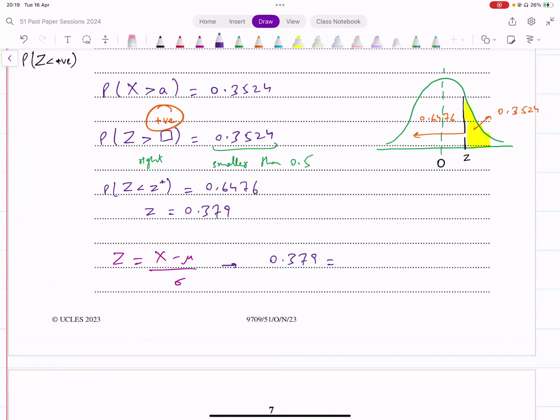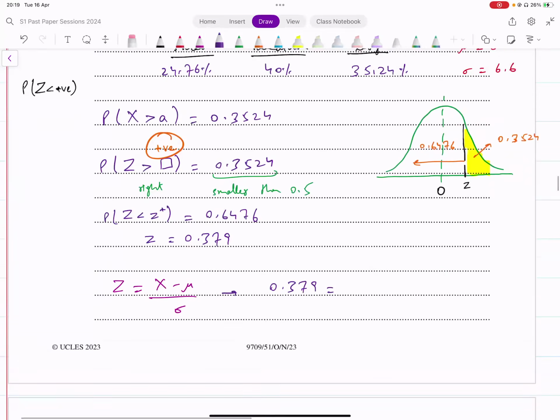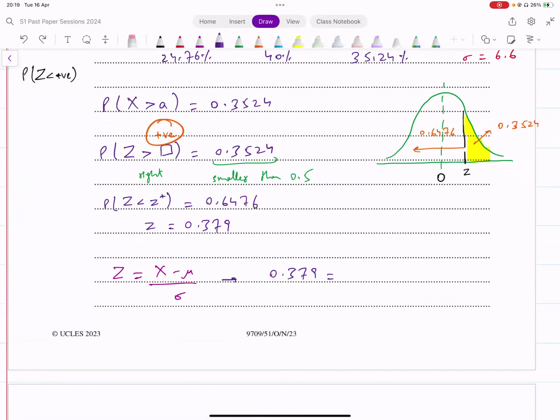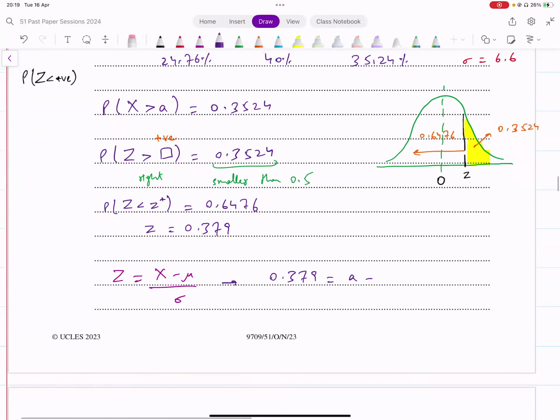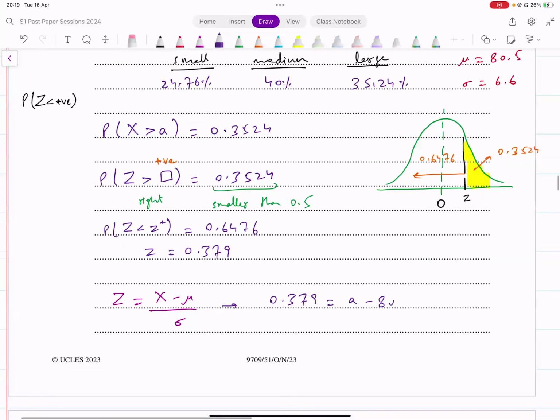0.379 equals X, which is A. In case of X, you put A. Minus mu. Mu is 80.5, divided by sigma. And that is going to give you the value of A. You can see what that turns out to be.